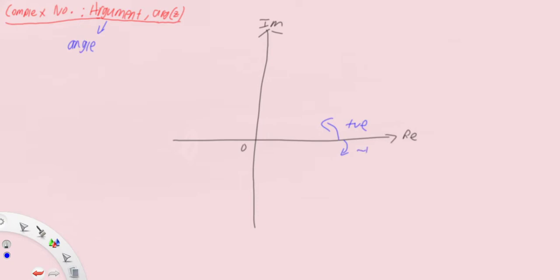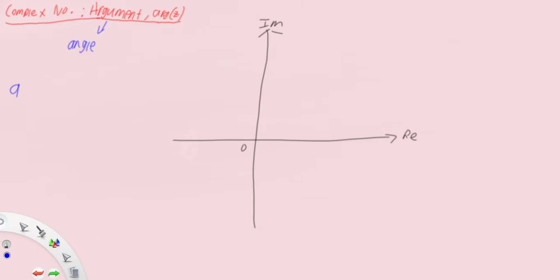Clockwise will give you a negative angle, which means that if I measure from here to here, the angle is pi over 2 or 90 degrees. If I measure clockwise to pi over 2, this will give me an argument or angle of minus pi over 2.